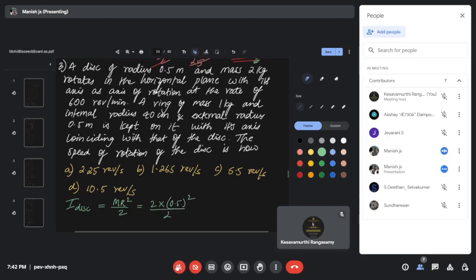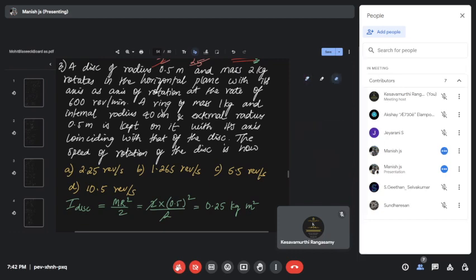The 2 gets cancelled off, and you get 0.25 kilogram meter square. So this is the value that you have.